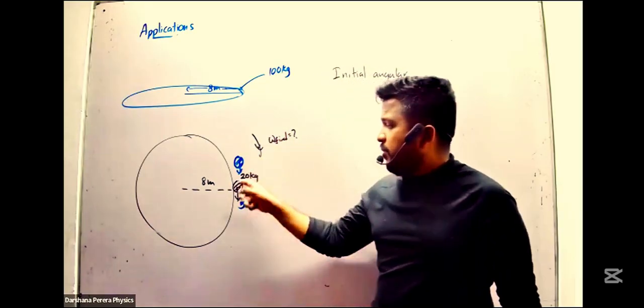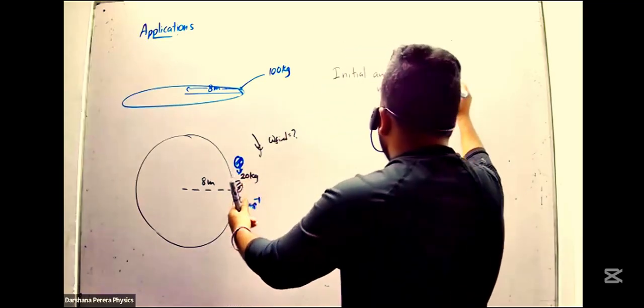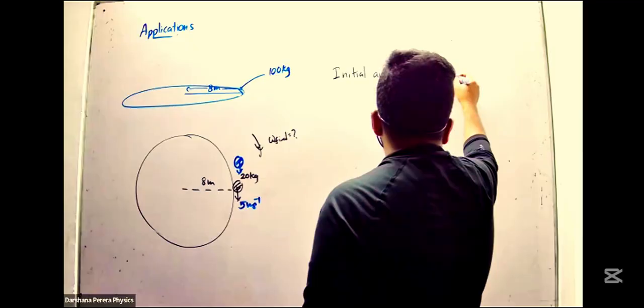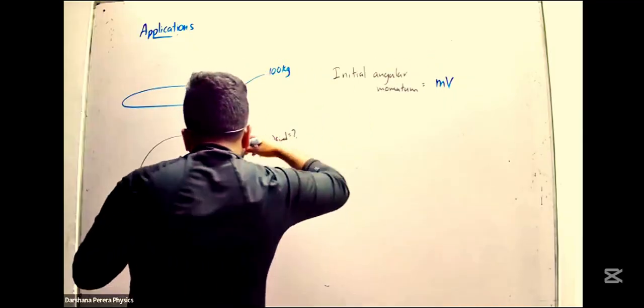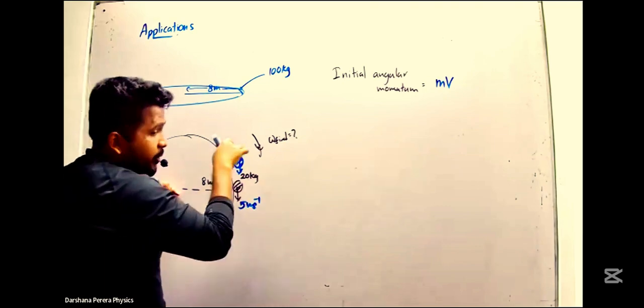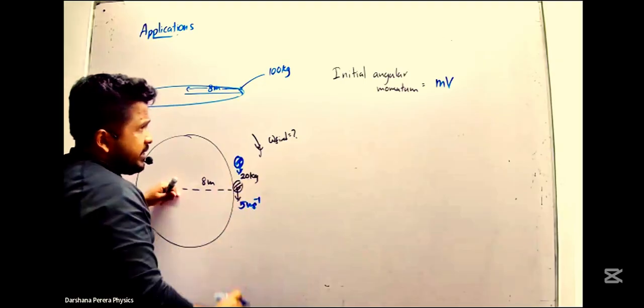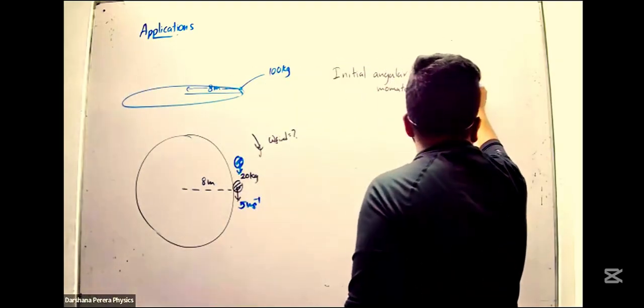The linear momentum of this child is mass into v, mv. The moment of momentum is this one into 8, into r.